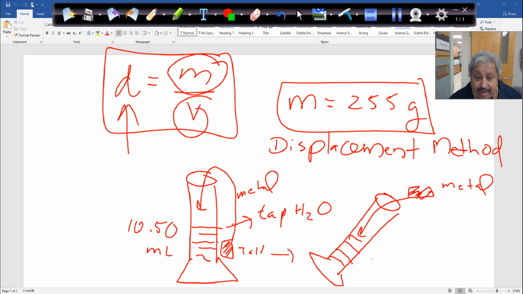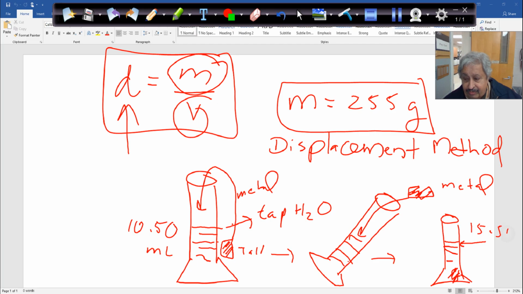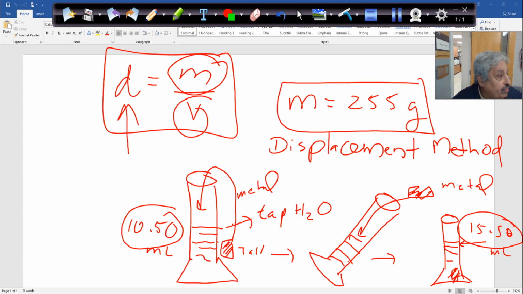And then straighten up the whole thing and see where the metal is now at the bottom, and it's not 10.50, it's now reading 15.50 ml. So it started with 10.50 and you end up with 15.50 ml.